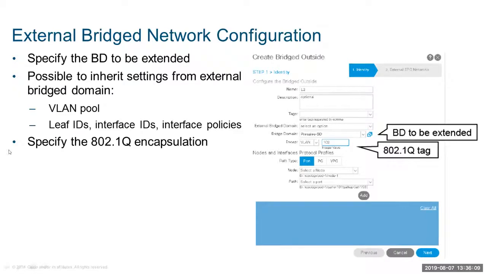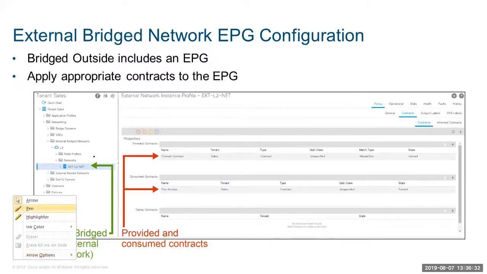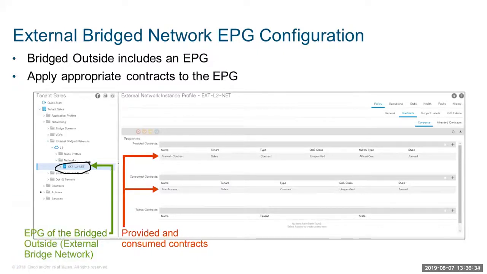You're going to select the bridge domain. Specify the encapsulation. Right there, the EPG has already been configured. They've already shown you the EPG is configured right here, external EPG, and they're applying the contracts, either provided or consumed, depending on where your server resides.